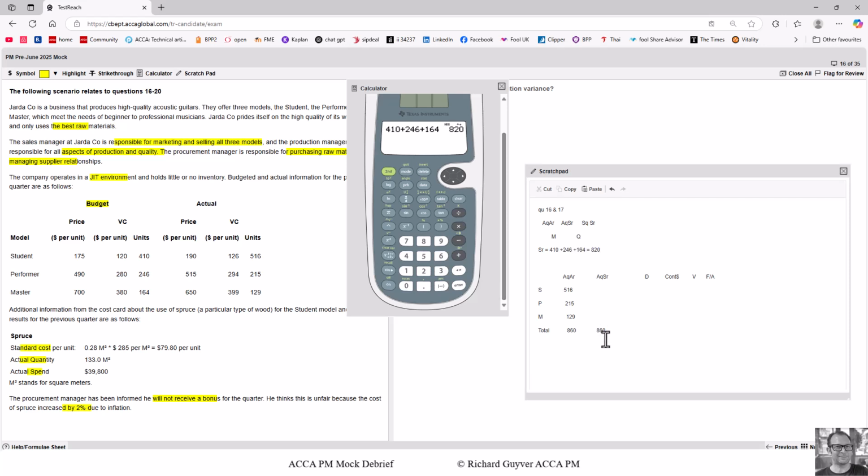So what that means, in my standard ratio, for every 820 sold, 410 would be S, and I've noticed that's half. 246 would be P, and 164 would be M. Well, I can do the half very quickly, so I'm working out half of this 860, and then I do the 246 divided by 820, multiplied by the 860, is 258.